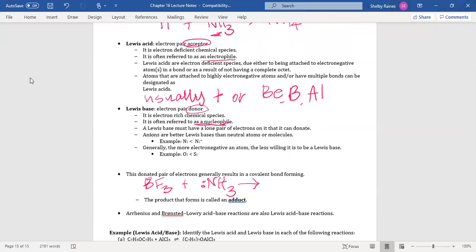The ammonia has a lone pair, so it's going to be our base. And what it's going to do is form a bond between the boron and the nitrogen, just like that. This is called an adduct.